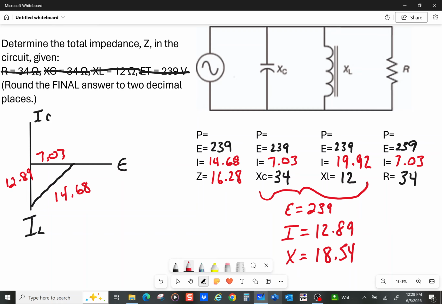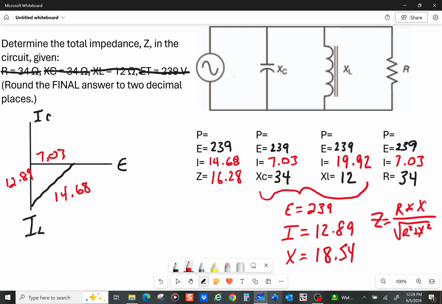And now we can take that 18.54 ohms and put it in our product vector sum, because impedance, Z, is equal to R times X divided by the square root of R squared plus X squared.